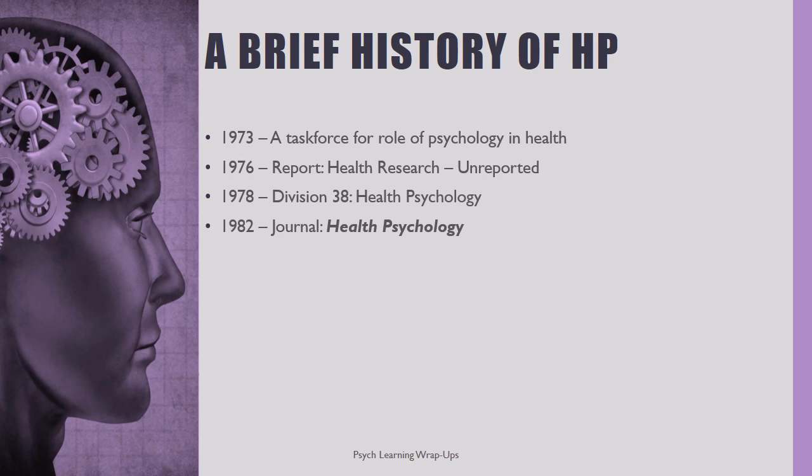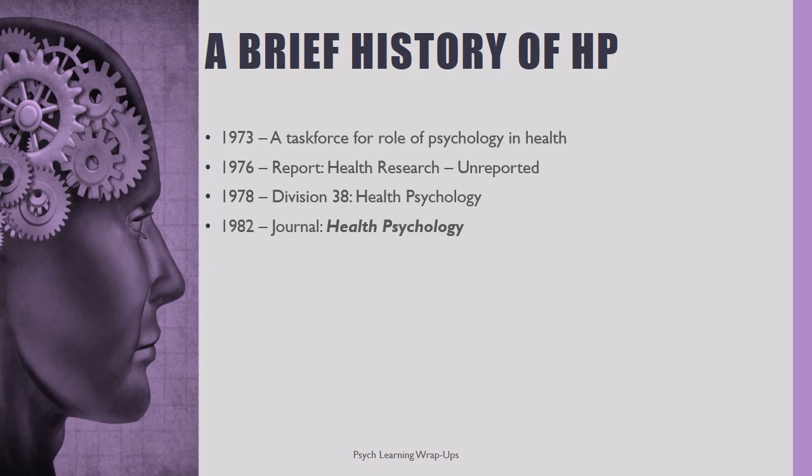Over the years, it took a lot for health psychology to emerge as a unique profession. As mentioned throughout this history, it met 6 criteria for establishing a separate profession. That was starting from the task force, then developing its own association, then journals were published.